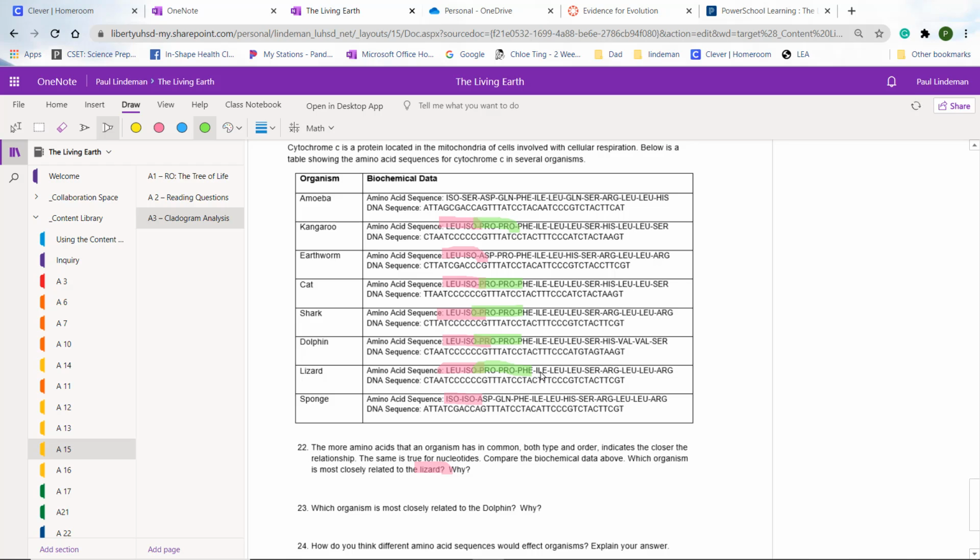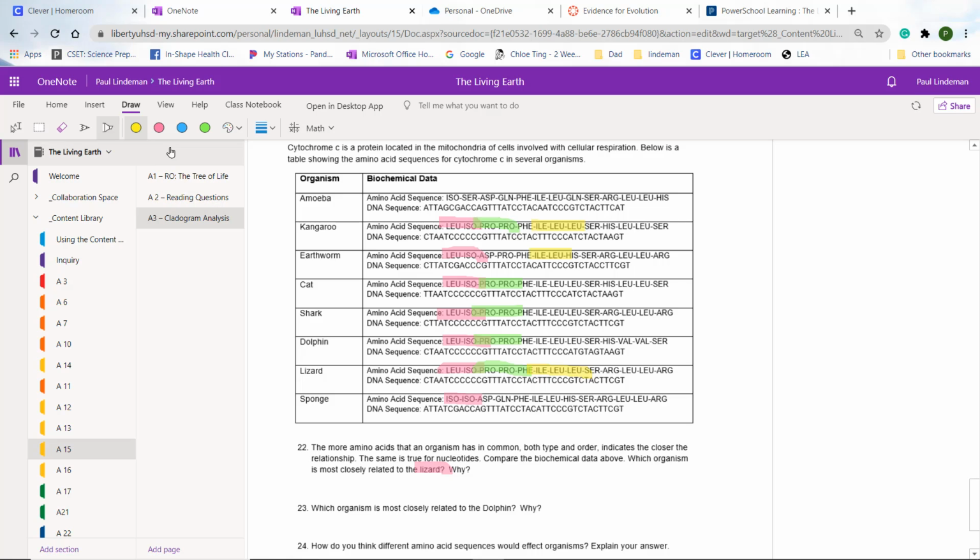Next would be Leu Leu, so let's go with another color. Oops, sorry, Pro Pro Phe. Okay, so Leu Leu. Oh, so it can't be this one.